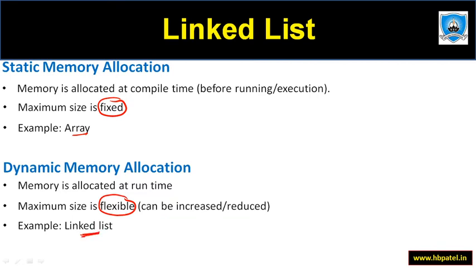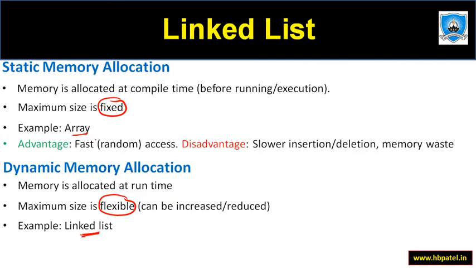And what are the benefits and disadvantages? With array, the benefit is faster access. For accessing any element, for example, if I wish to print marks 5, you can simply write marks 5, or if you want to print marks 100, you can print marks 100.